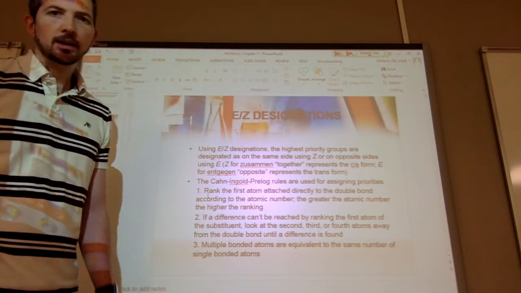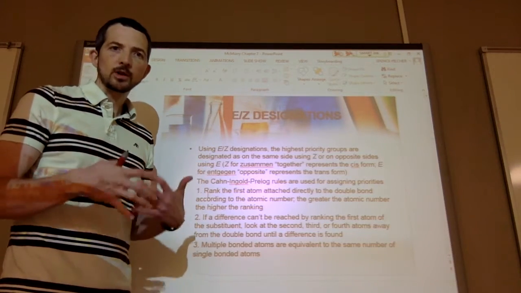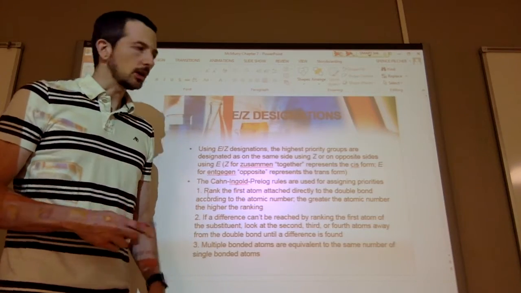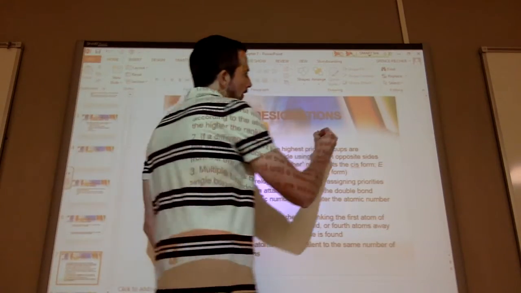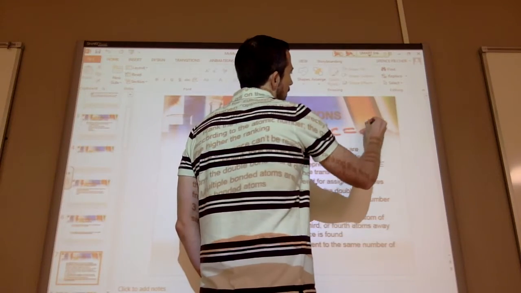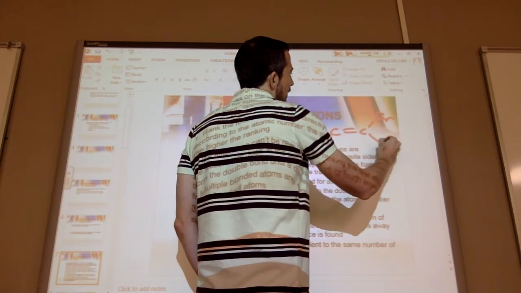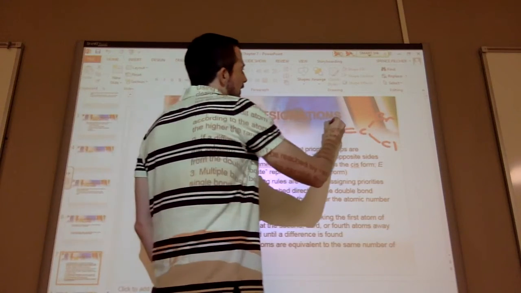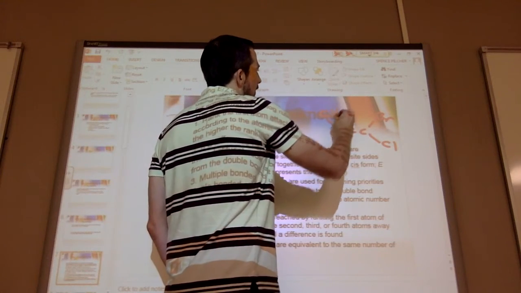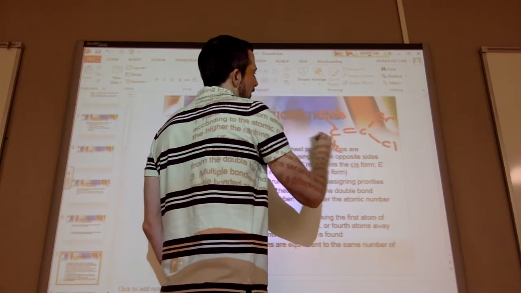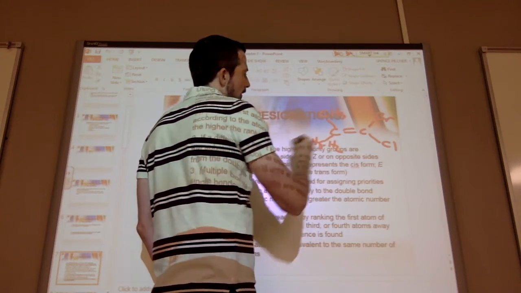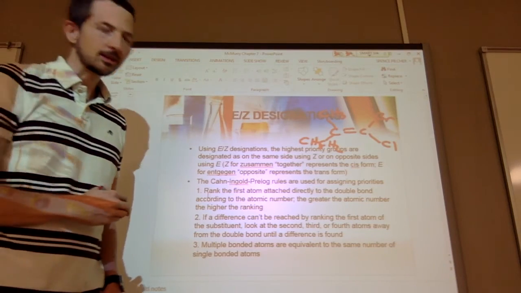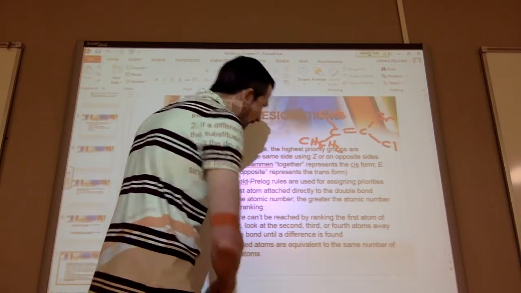So now we're going to go back and look at, okay, if we have four different substituents there, how can we indicate the stereochemistry? In the example I gave, I had a bromine and chlorine attached to one side, and on the other side a methyl and an ethyl group. So I'm going to indicate the stereochemistry of this.